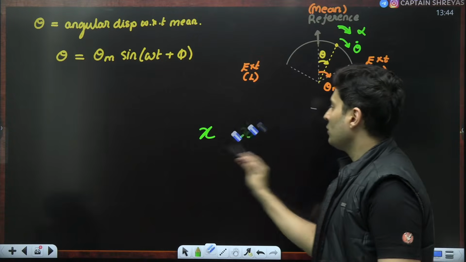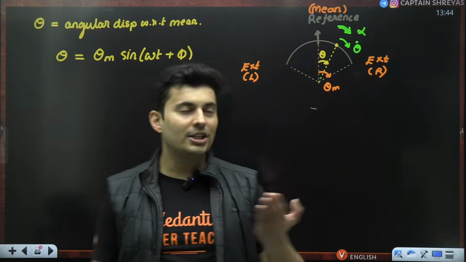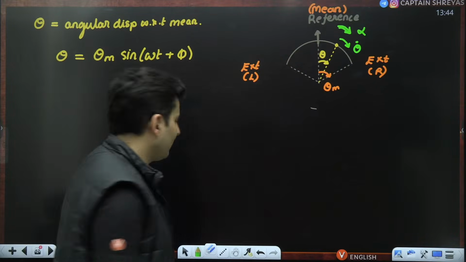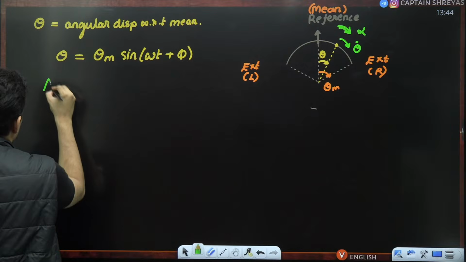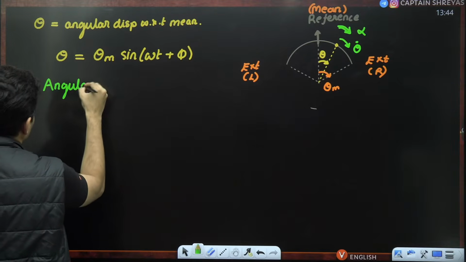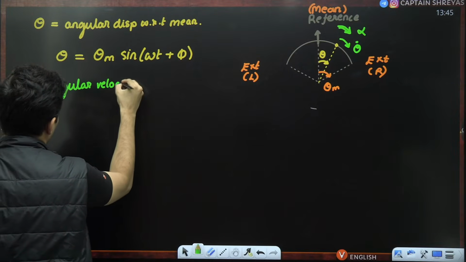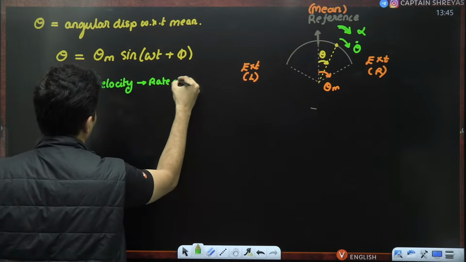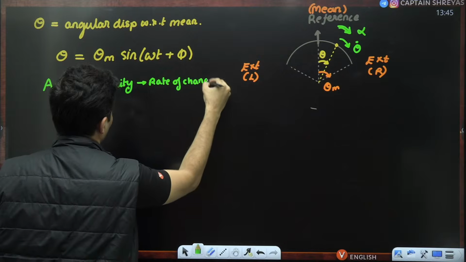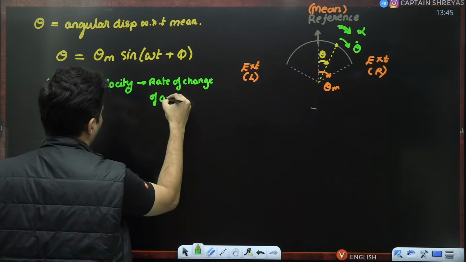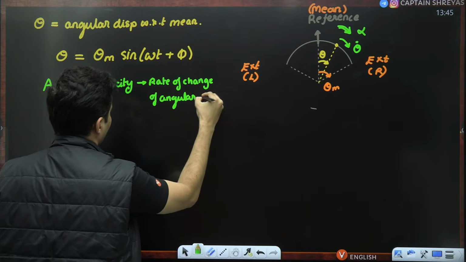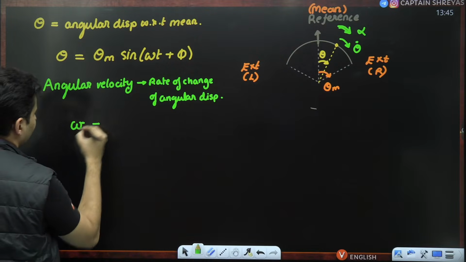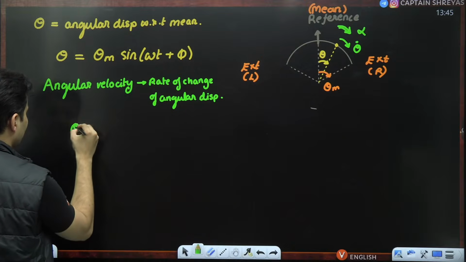Rate of change of position is velocity, and rate of change of angular position, displacement, is nothing but angular velocity. So hence I will say angular velocity, which is nothing but rate of change of angular displacement. So that omega I can't use, so instead I will use theta dot.